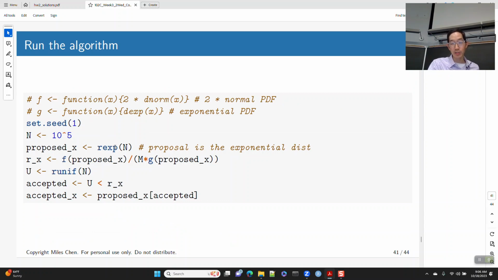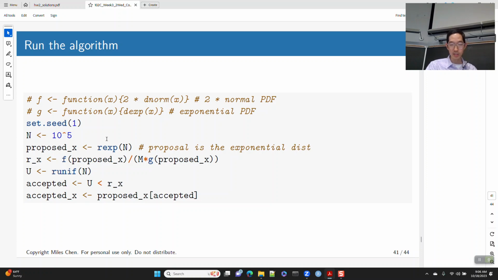We propose values from the exponential distribution, and our target distribution is just the normal PDF times 2, right? So our target is 2 times the normal PDF. My proposal PDF is just the exponential distribution.